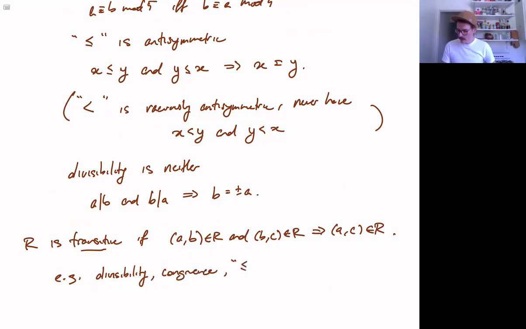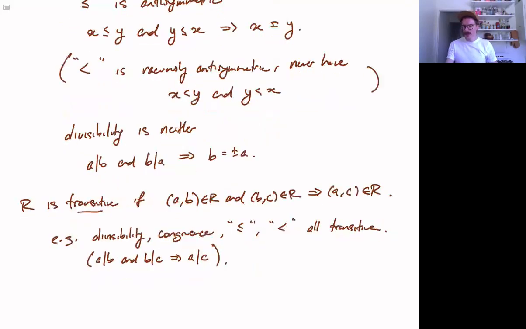Less than or equal is transitive, because if x is less than or equal to y is less than or equal to z, then x is less than or equal to z. And less than, same reason, all transitive. Let me just write down as an example, a divides b and b divides c implies a divides c. That's the kind of thing that you need to check to see that this is transitive.